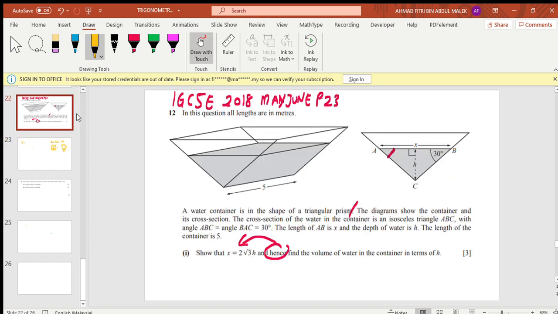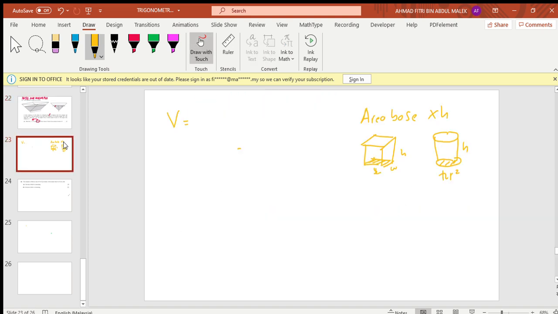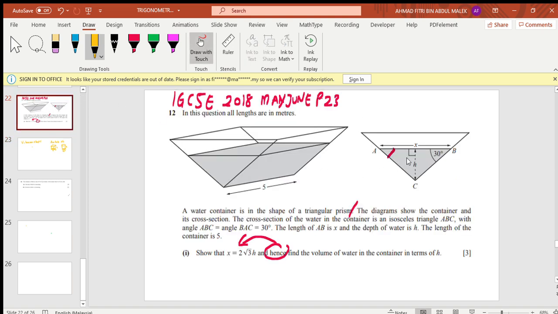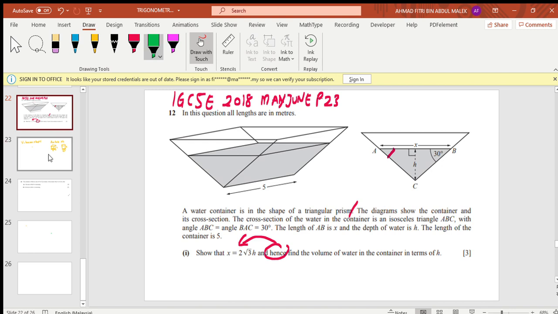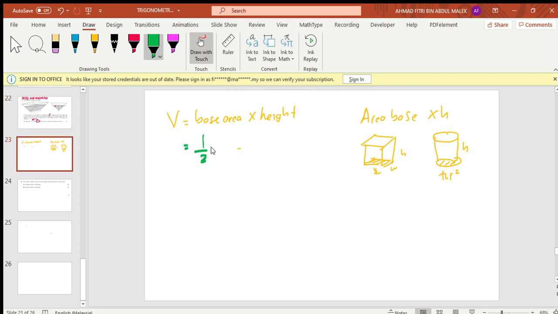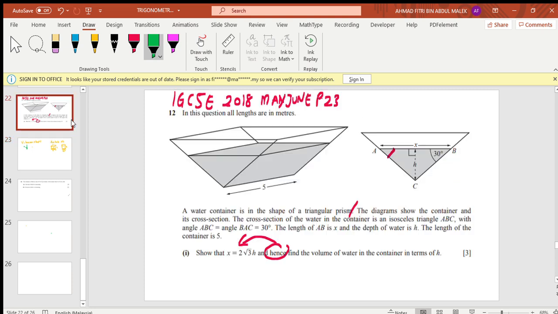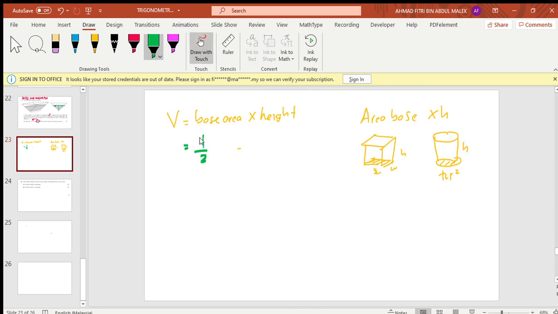Now this shape's volume is also the base area times the height. The base area is in the shape of an isosceles triangle, so the area is one half times the base of the triangle, which is x, times the height, which is h.